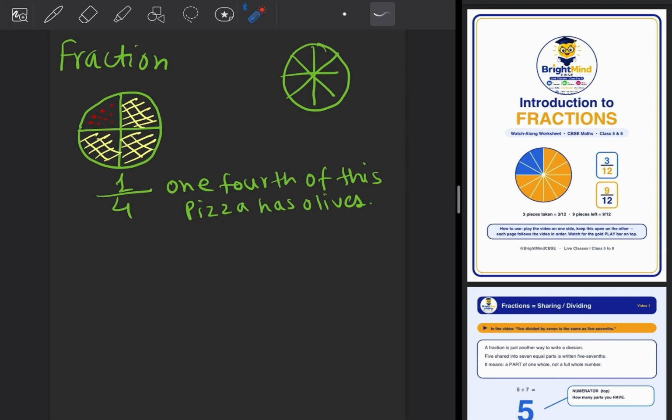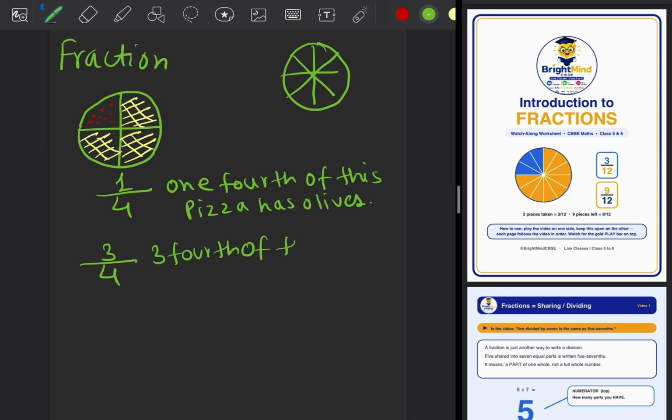We have 3 slices. So we could say that 3 out of a total of 4 pieces, so 3/4 of the pizza has only cheese.